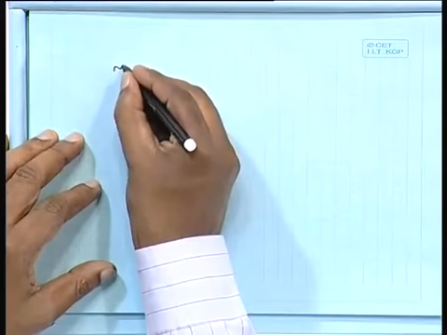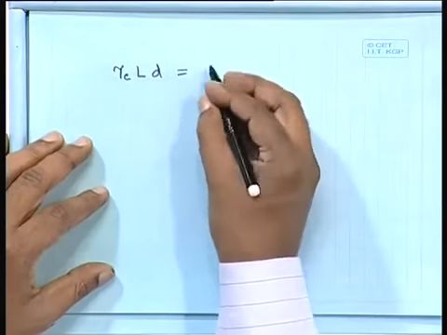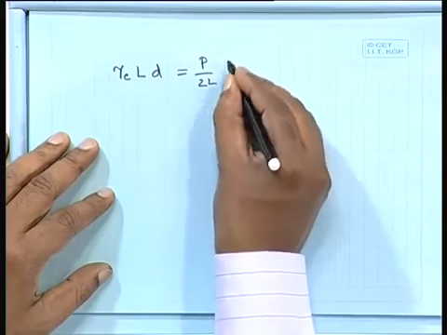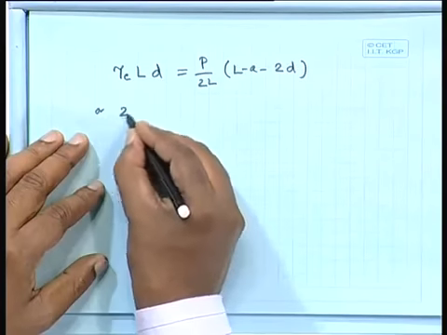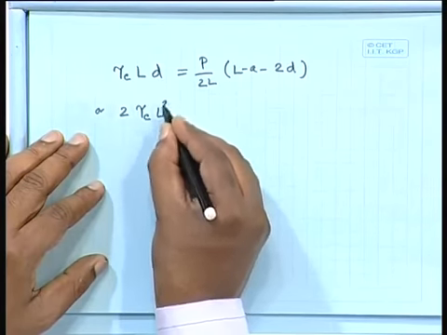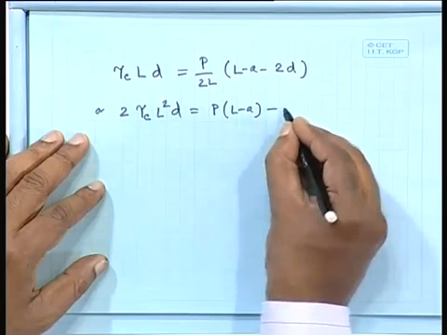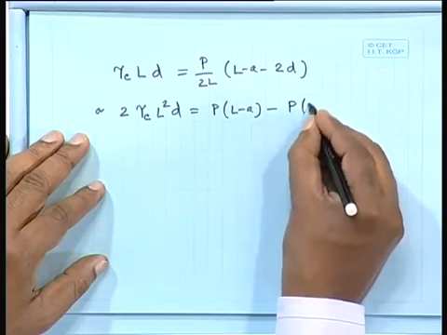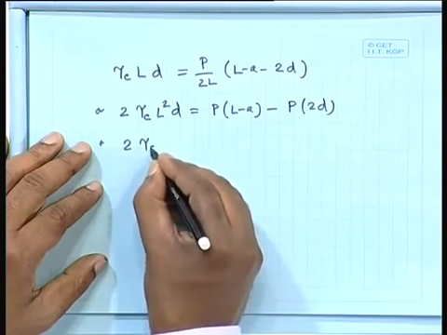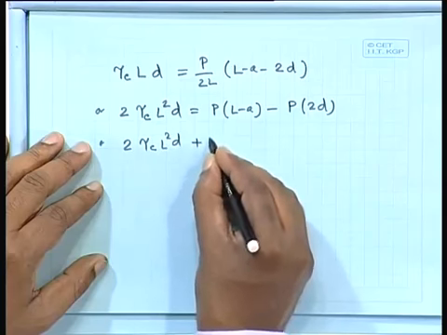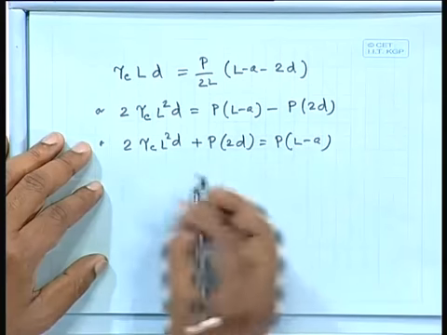So we can write tau C times L times D equals P by 2L times (L minus A minus 2D), or twice tau C L square D equals P times (L minus A minus 2D), or twice tau C L square D plus P times 2D will be equal to P times (L minus A).